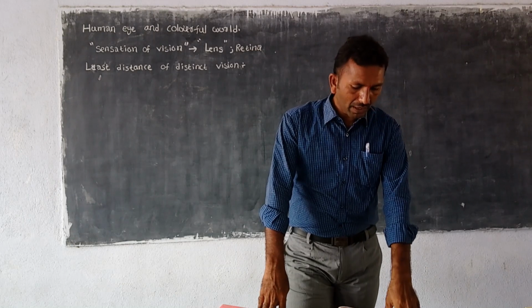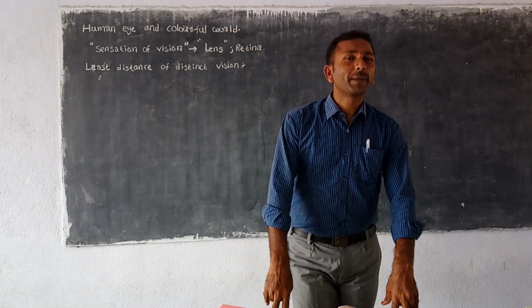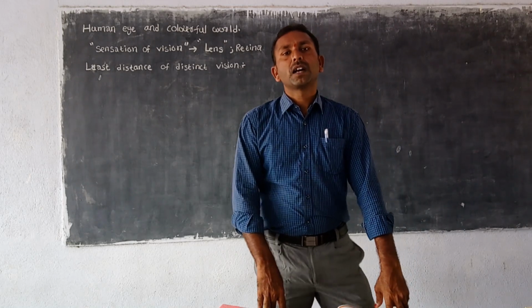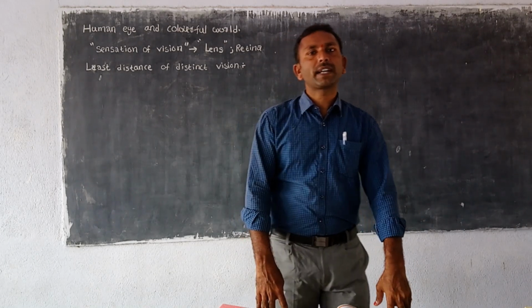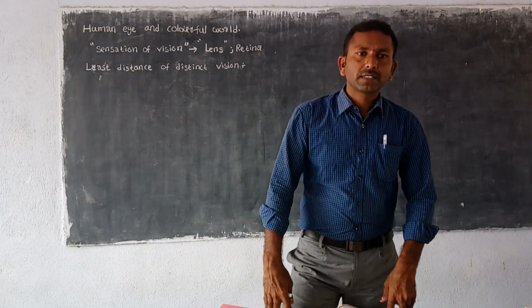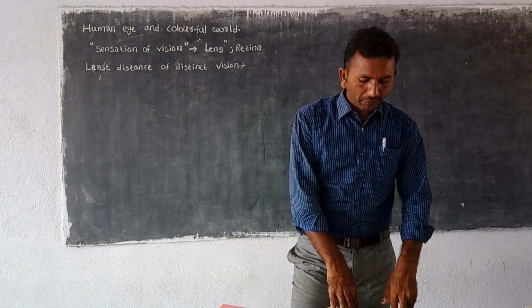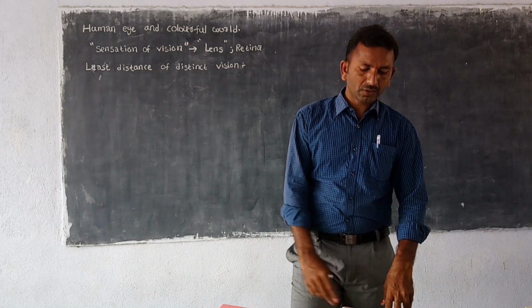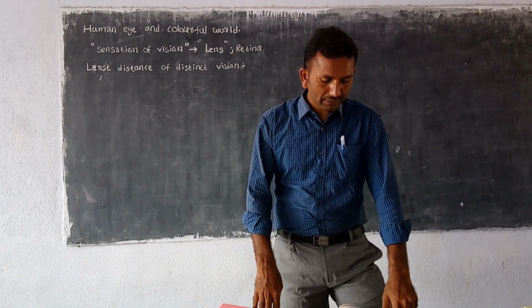Find the average of all these distances of clear vision. How many members are participating in this activity? Take those values and find the average distance. What value do you get for the average distance? So let us see.